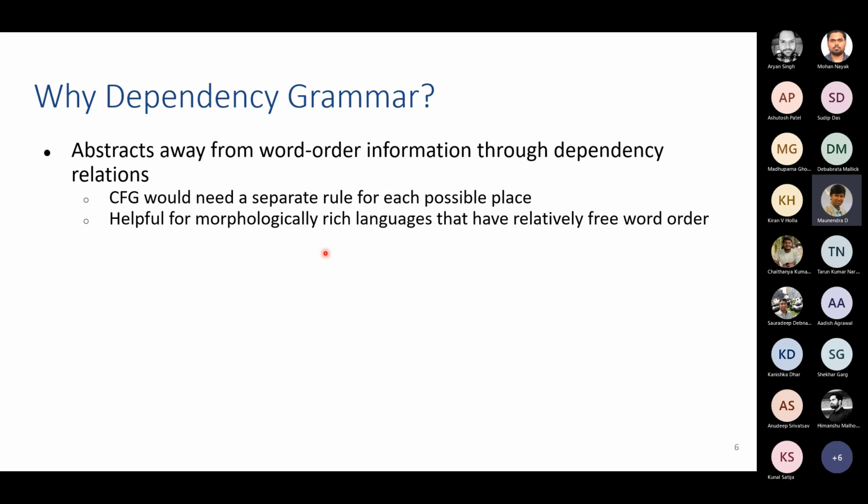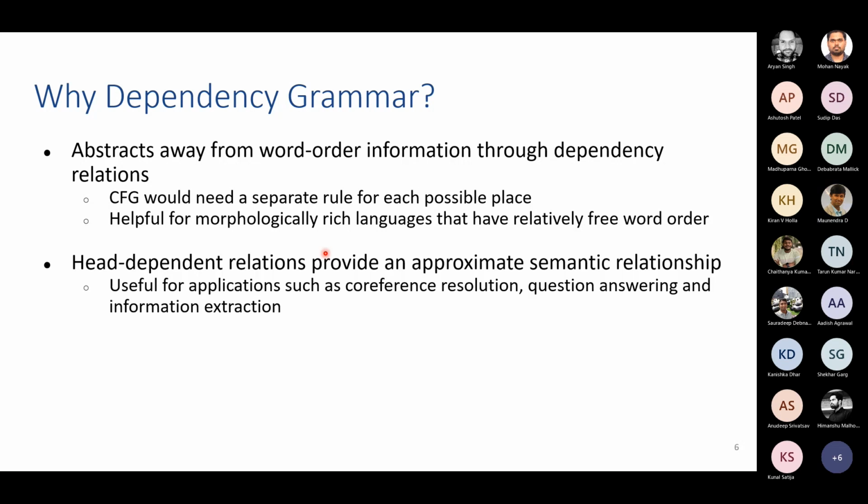So again, this has been a very active field for NLP research, where people try to come up with language-specific dependency parsers, and they use different kinds of signals from the basic linguistic perspective also. Then head and dependent relations provide an approximate semantic relationship. So in some cases, we saw that syntax is getting represented, but it also gives you a semantic relationship.